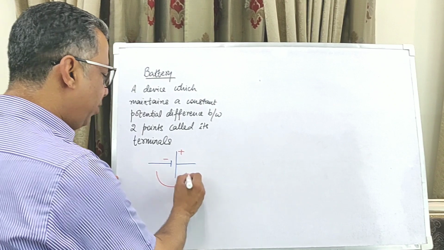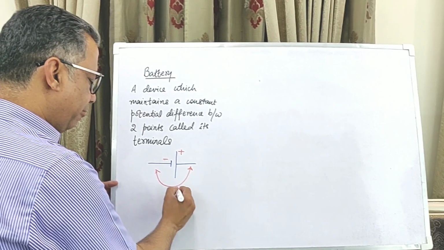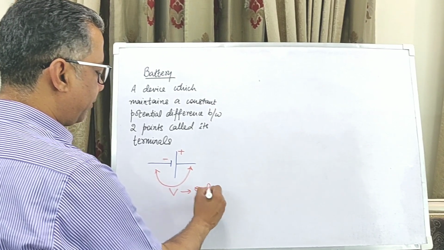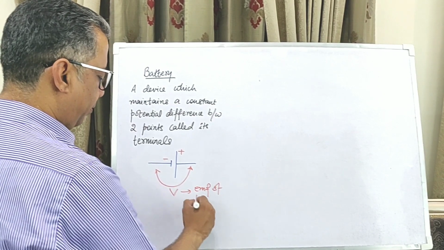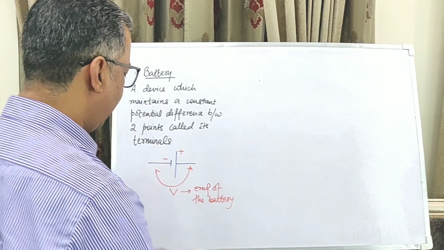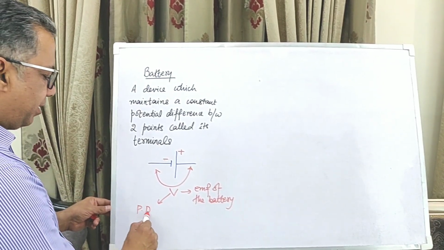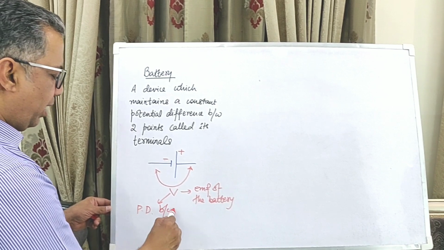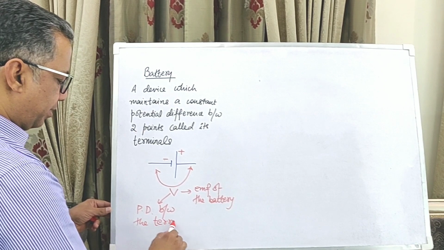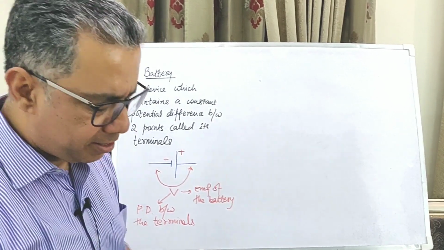The difference between the potentials of these two terminals, V, is called the EMF of the battery. So this is the potential difference between the terminals, and it's called the EMF of the battery.